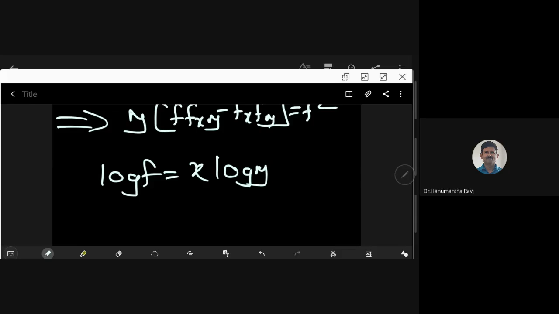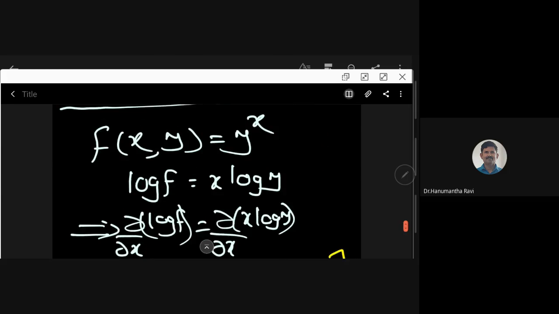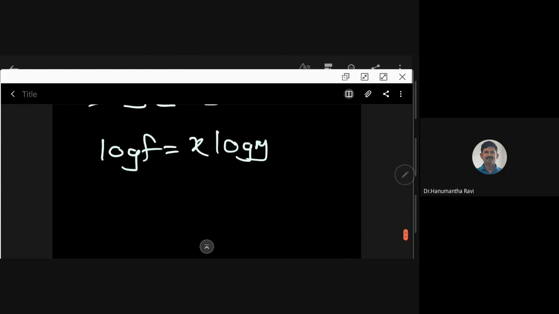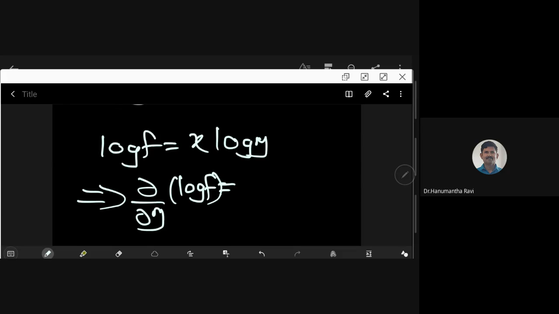Now, if you go with respect to y, dou by dou y of log f is equal to dou by dou y of x log y.